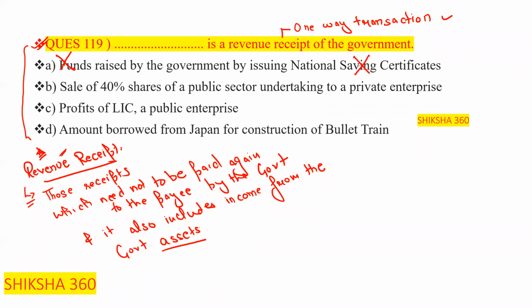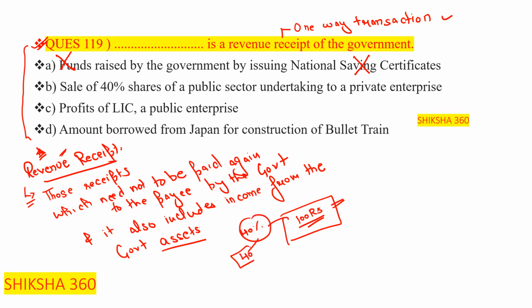Now move to the second option: sale of 40% shares of a public sector undertaking to a private enterprise. If the government sells a public sector undertaking, it will get the money. Suppose the government has shares worth 100 rupees in a company and sells 40% of that, that is 40 rupees.